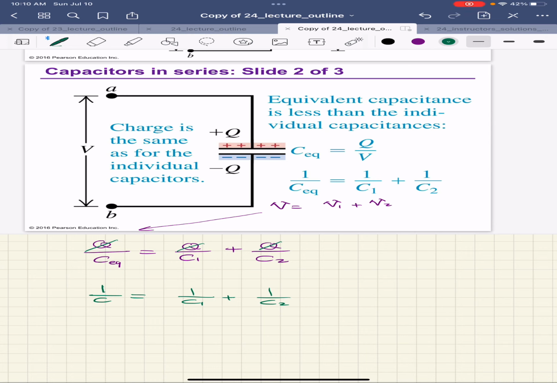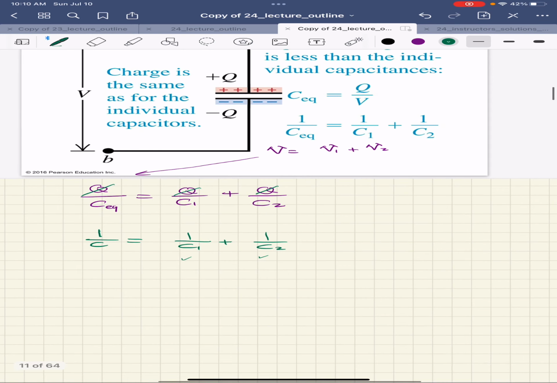Usually I will have decimals, I add the two decimals, and then I will take 1 over that number to get C. For example, let's say one of the capacitors is 4 microfarads, and the other one is 8. Sometimes we are going to give you numbers that are really easy to use, but not necessarily.